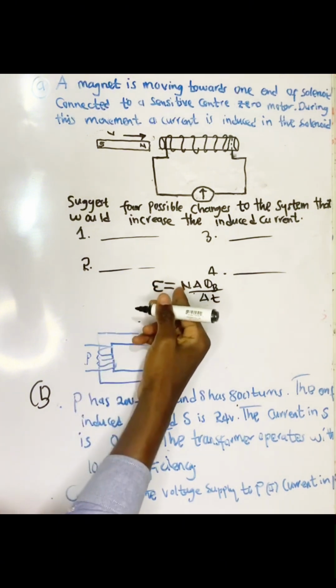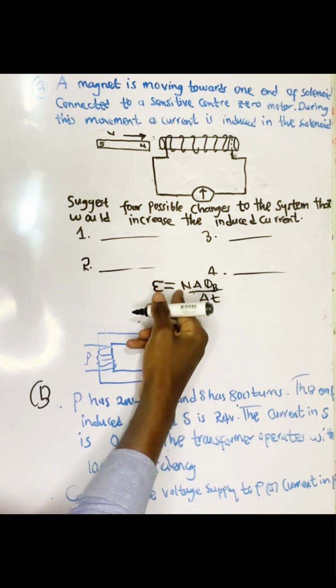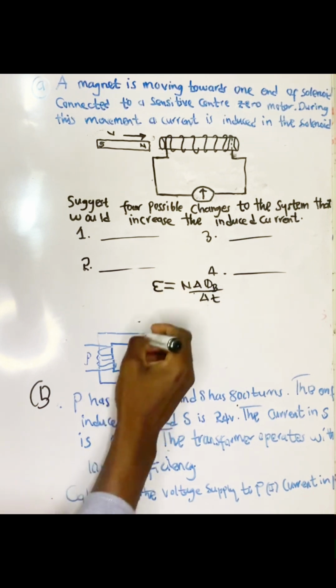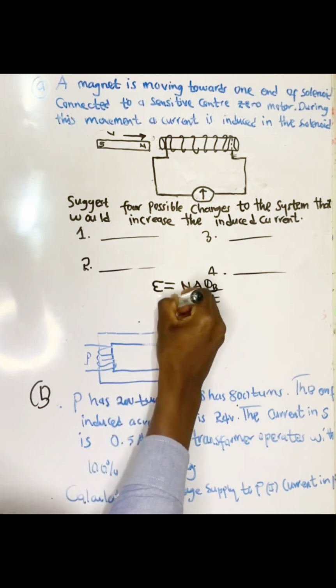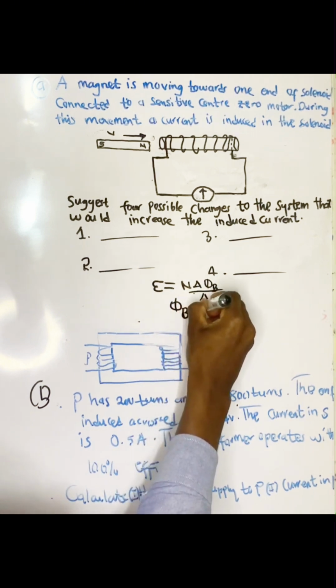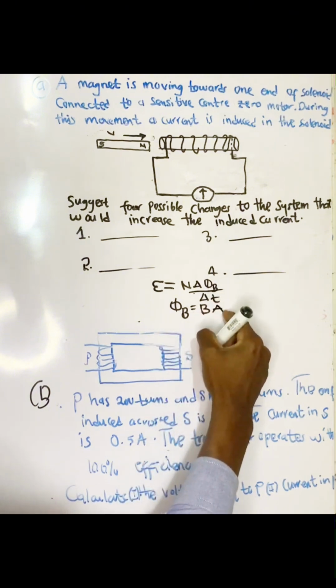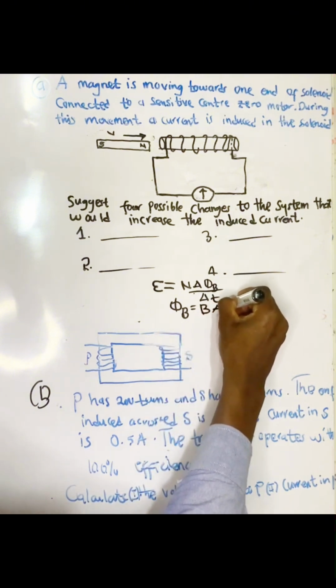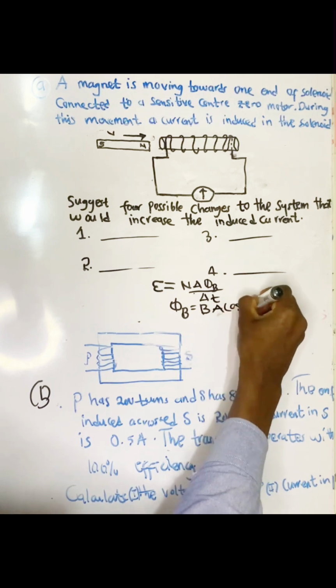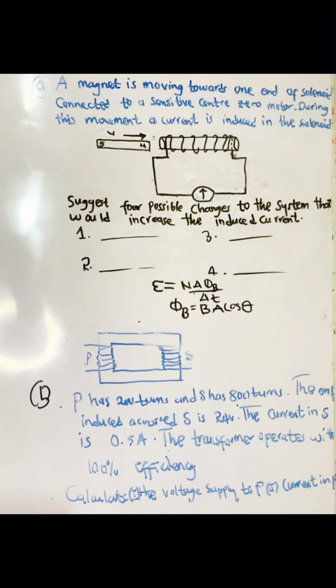For now, let's neglect Lenz's negative sign. But we could also write that the magnetic flux is equal to the product of the magnetic field, the surface area of the conductor, and then the cosine of the angle between the conductor and the magnetic field. So what can we infer from here?